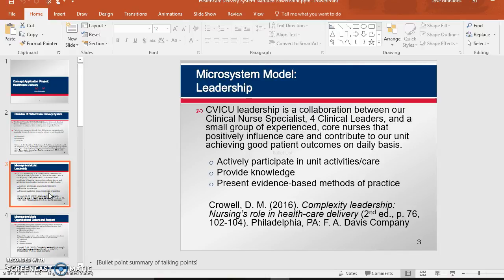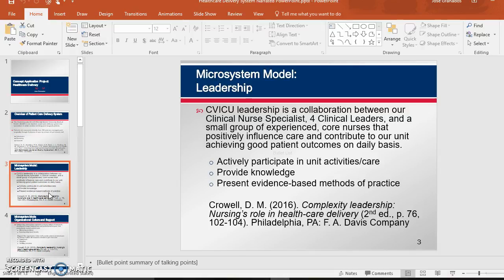The next slide is leadership. Currently on our unit, we have a collaboration of shared leadership consisting of our clinical nurse specialists, four clinical leaders, two from days, two from nights, and a core group of very experienced nurses that help influence care and our staff within our unit.